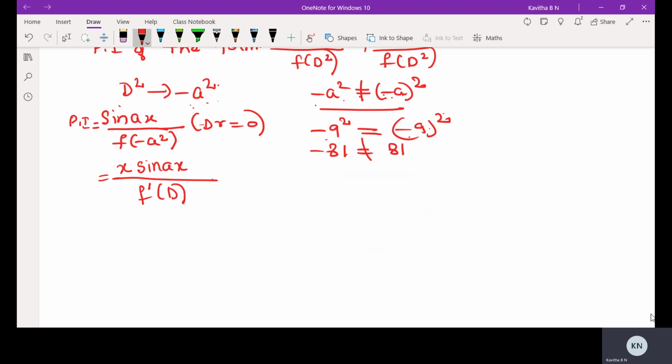Similarly, in place of D square we substitute minus a square: x sin ax divided by f dash of minus a square.